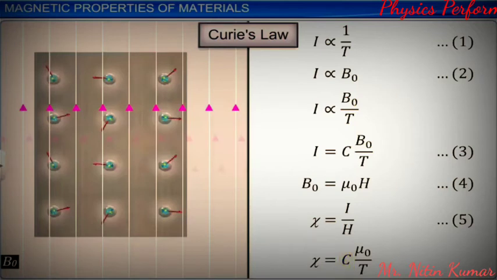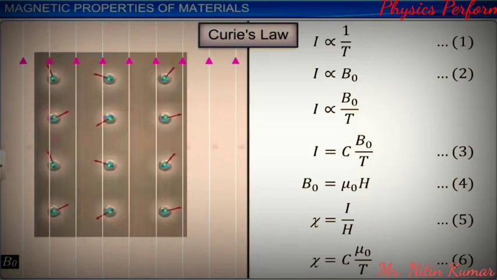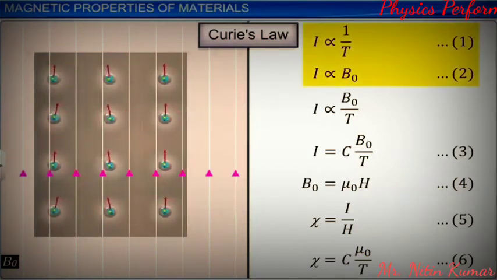Thus, the magnetic susceptibility chi depends on the nature and the temperature of the material. Since the magnetization of a material is directly proportional to the applied magnetic field induction and inversely proportional to its absolute temperature, the magnetization increases up to a certain level by increasing the magnetic field and decreasing the temperature.